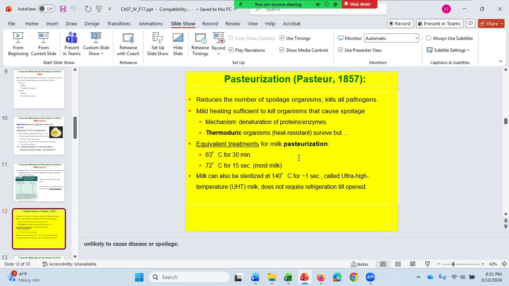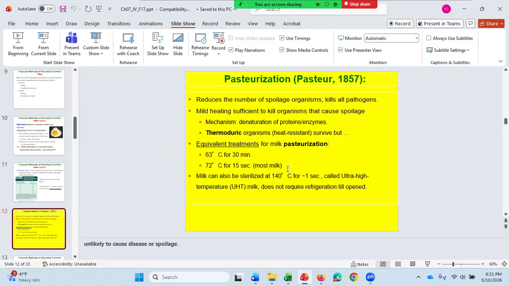Pasteurization happens in two ways. You can expose milk to 63 degrees Celsius for 30 minutes, or you can expose milk to 72 degrees Celsius for 15 seconds. Most milk is pasteurized by the 72 degrees Celsius for 15 seconds.